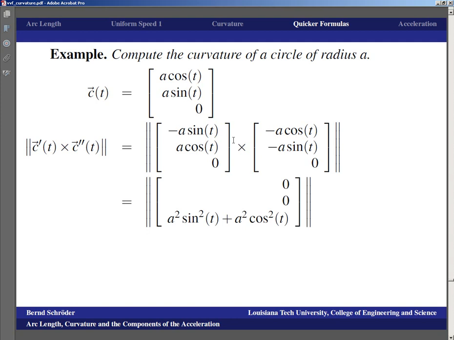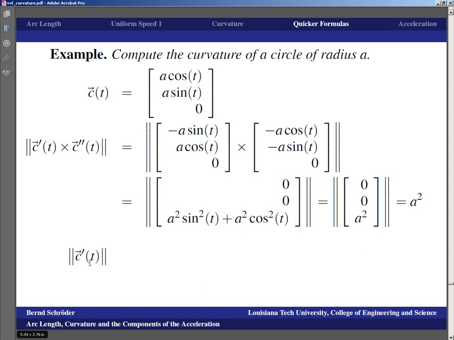You get negative a sine t times negative a sine t is a squared sine squared t, minus a negative a cosine t times a cosine t, minus minus gives you plus, and you get a squared cosine squared t. Well, sine squared t plus cosine squared t is 1, so this is just the norm of 0, 0, a squared, and that is, of course, nothing but a squared.